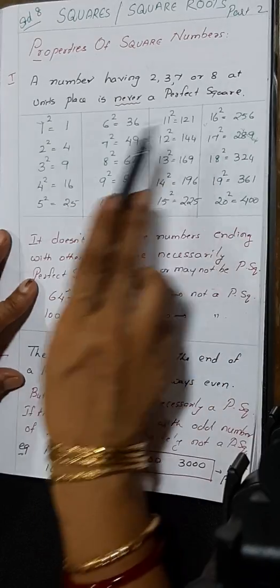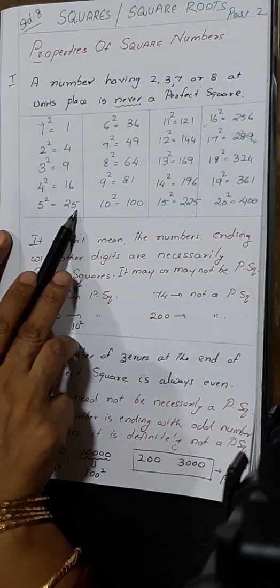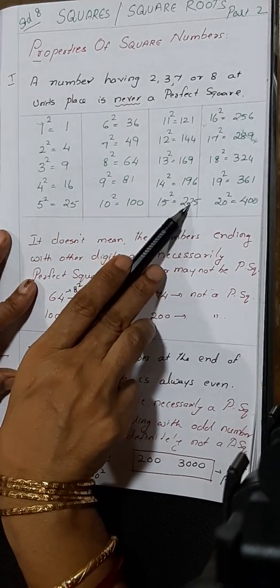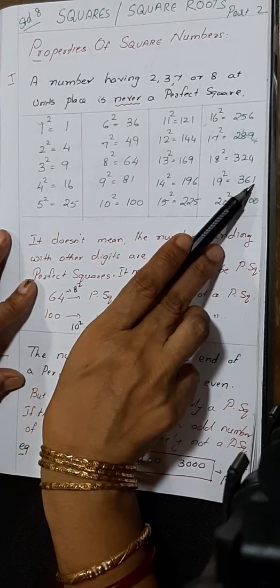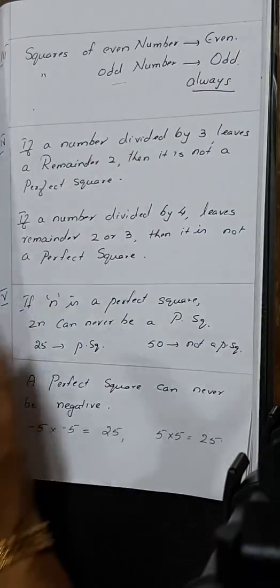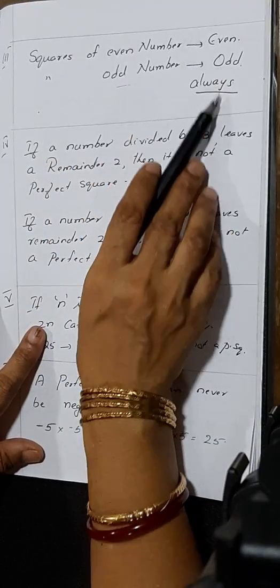So all are even. For odd numbers, 3 squared is 9, 5 squared is 25, 9 squared is 81, 15 squared is 225, 19 squared is 361. So all the squares of even numbers are even and squares of odd numbers are always odd.